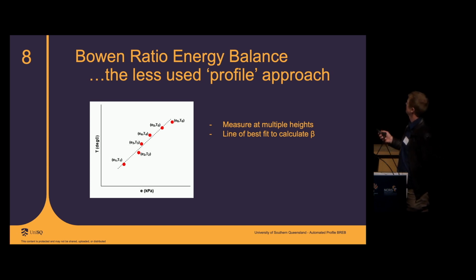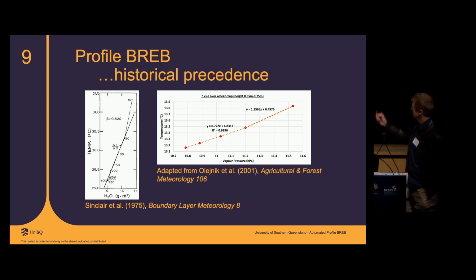Like I said, this has been done before in history. These are a couple of examples from the literature. The one on the left, that team measured at 10 heights. The one on the right, these guys from Russia did it at 5 heights, and they were getting really good results.